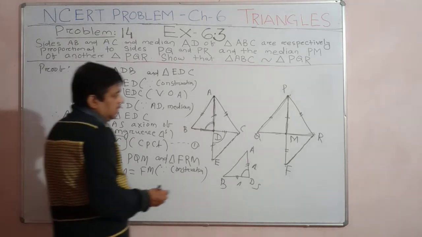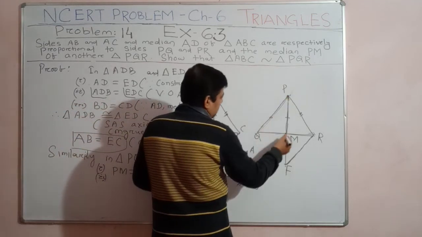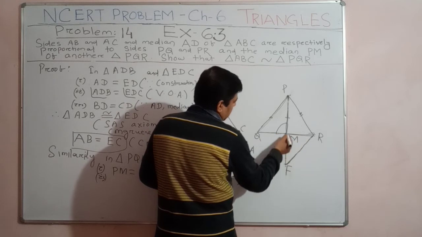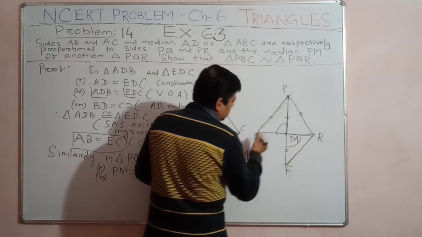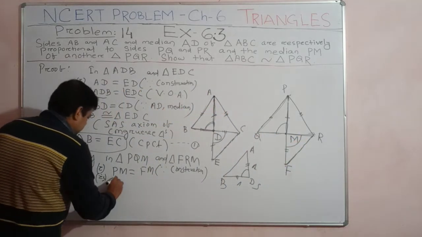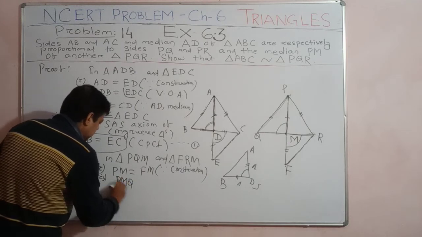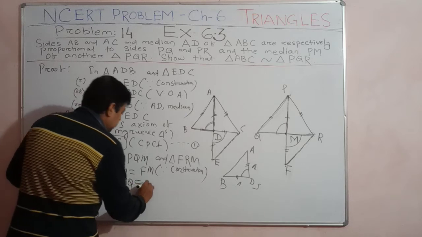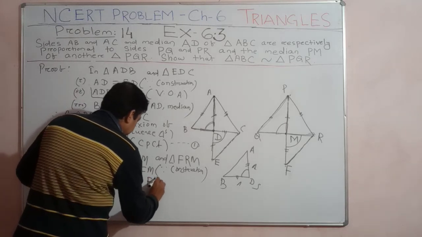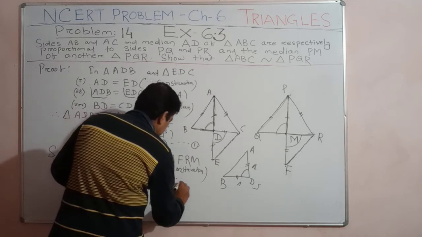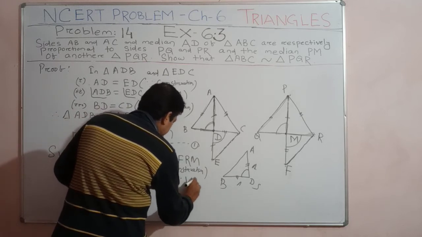And again you see the PMQ angle is equal to FMR angle, vertically opposite angles.